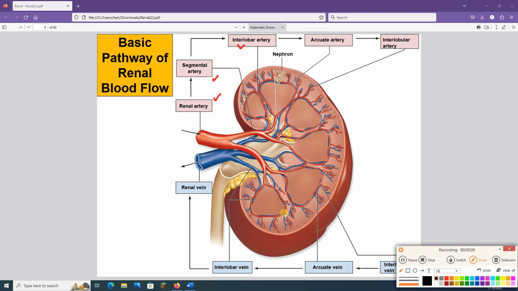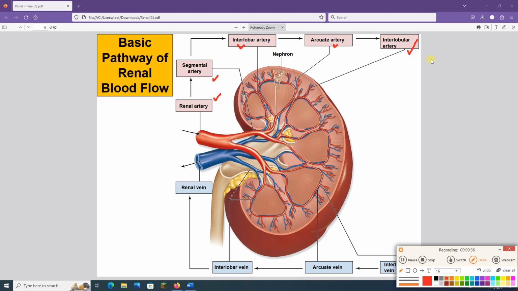So each pyramid at its base, at its wide cortical part, is going to have an artery that curves over it. That's called the arcuate artery. Then from the arcuate artery, look at these little branches going up into the cortex. These little guys coming off the arcuate arteries are known as interlobular arteries.